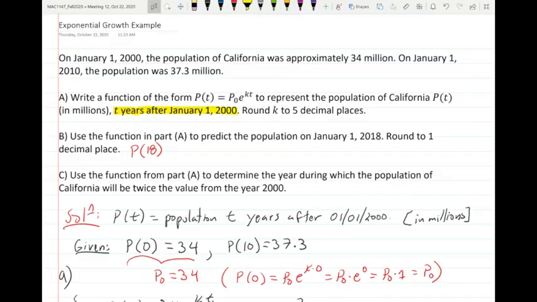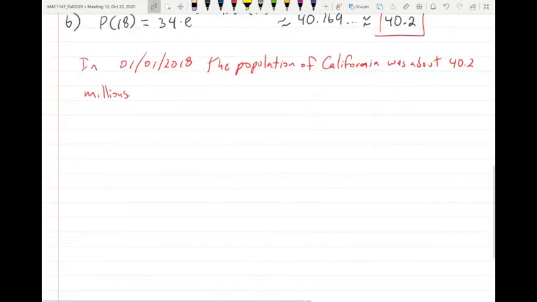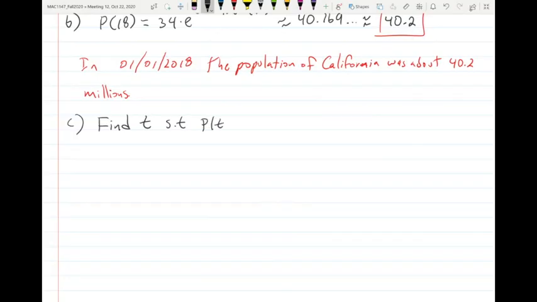So let me write this down. In part C, to answer the question, what is it that we need to do? We need to find T such that P of T equals 2 times the initial population, in other words, 2 times P of 0. This T has a name.